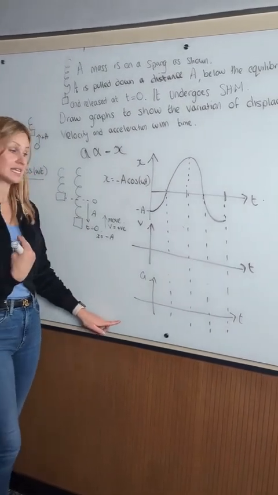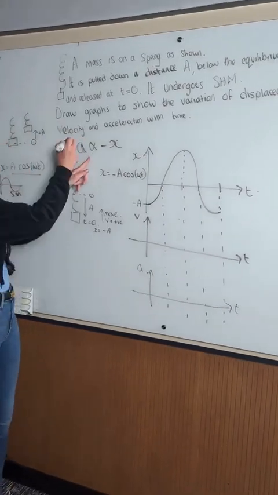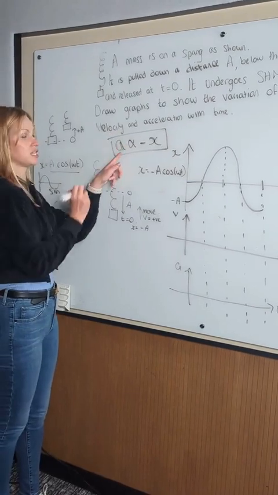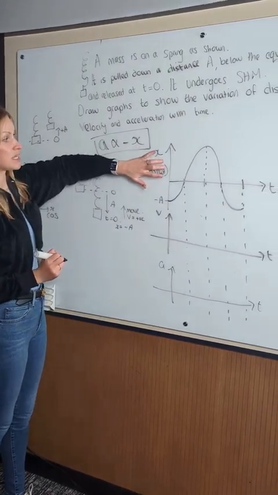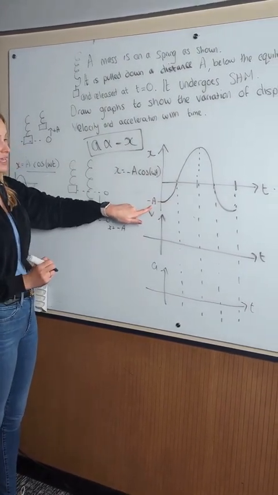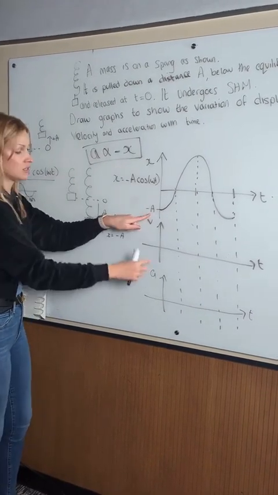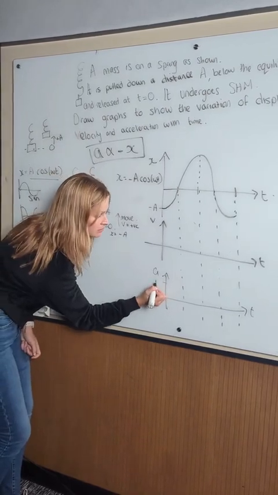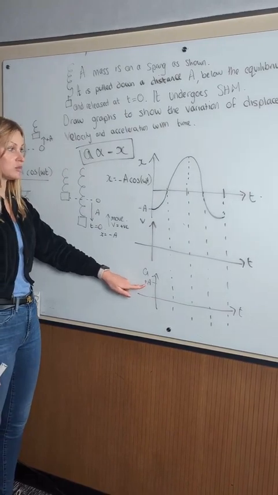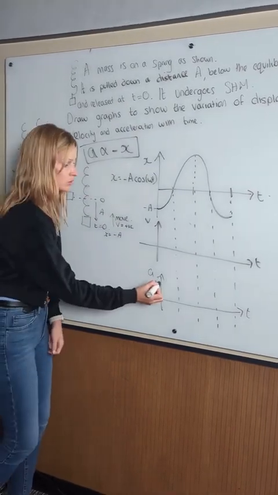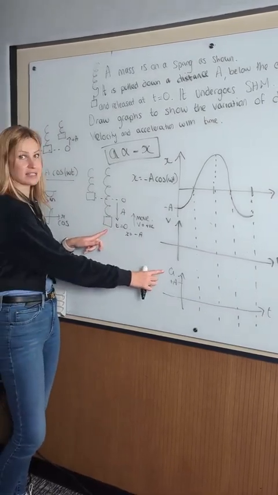Okay, I think the easiest one to start with is the acceleration time graph because for simple harmonic motion, acceleration is proportional to negative x. So if my displacement time graph started at negative a, my acceleration time graph is going to start at positive a. So I mark on my positive a. It's going to start with positive a acceleration.